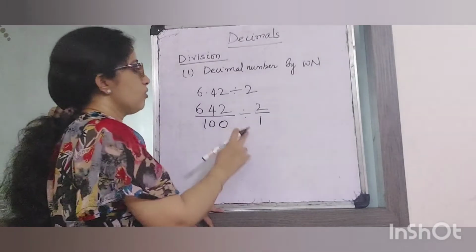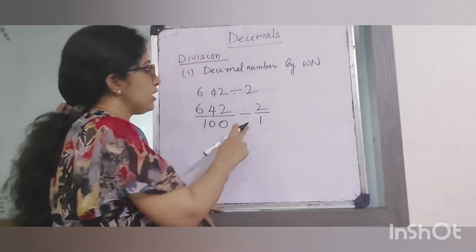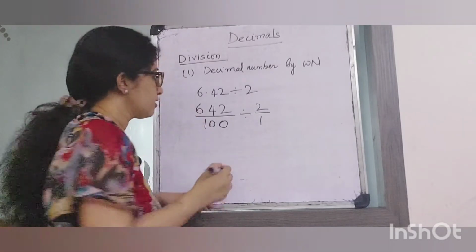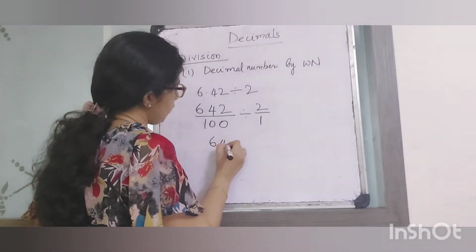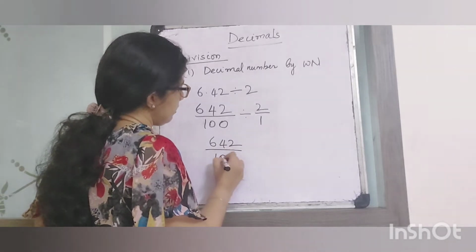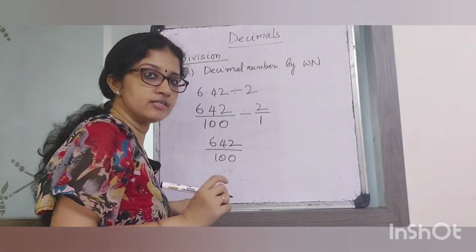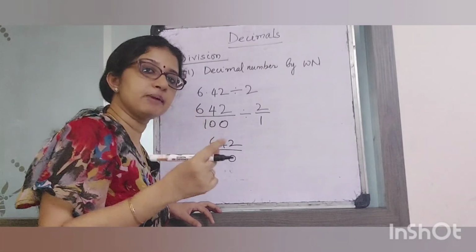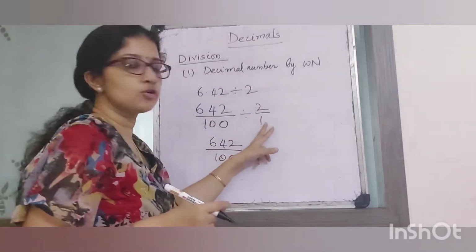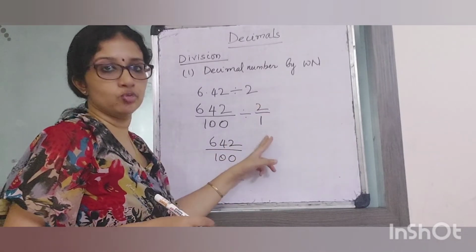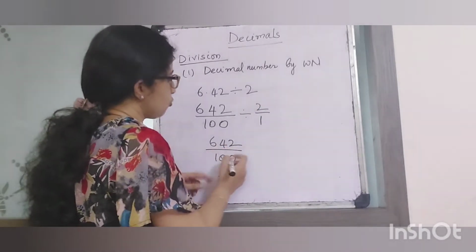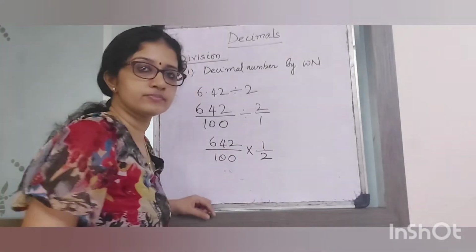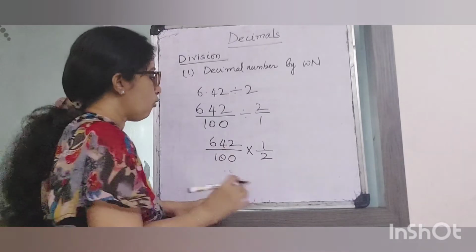Okay? Now, what should we do when we are dividing two fractions? We have already seen that, right? So this will become 642 by 100 divided by 2 by 1. How to divide two fractions? We have to take the reciprocal of the second fraction and multiply it, right? So what is the reciprocal of 2 by 1? It is 1 by 2, right? So 642 by 100 into 1 by 2. Okay? Now what can we do?